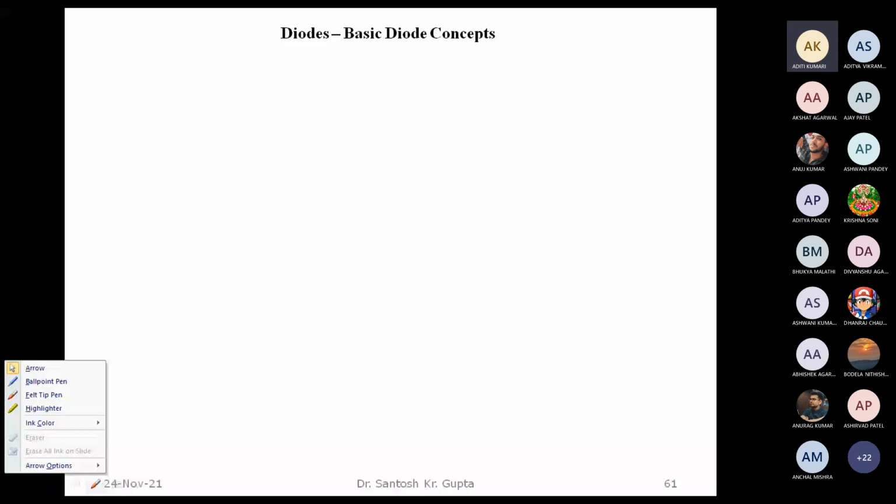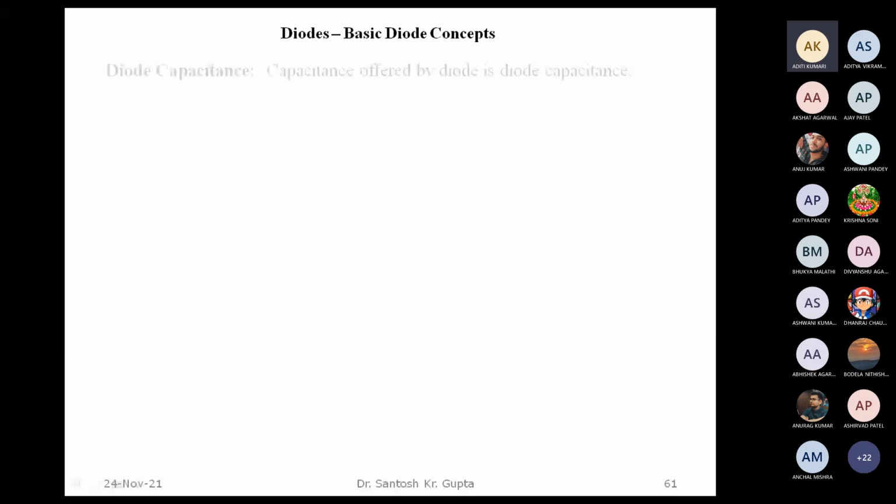Okay, so in the last lecture, we started with some more diode parameters like capacitance. Earlier to that, we have seen one important parameter called resistance. Before this class, we learned about the resistance offered by a diode.